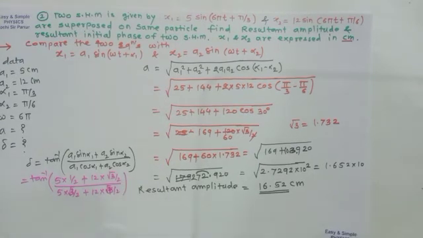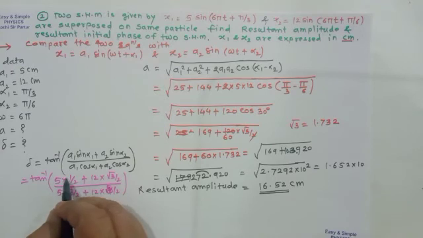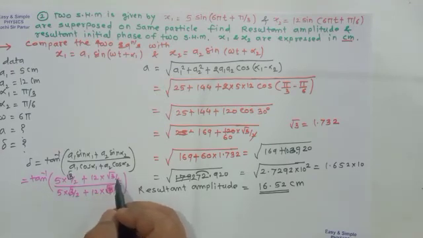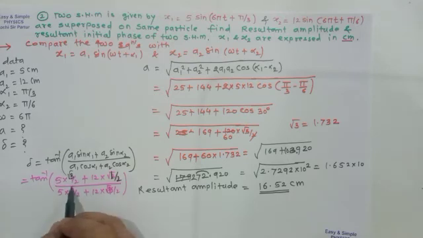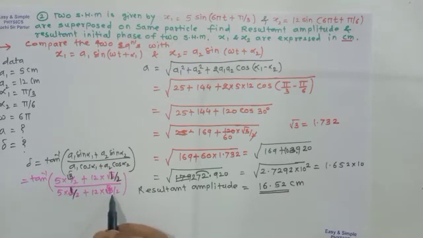So here we can use 1 by 2 and 5 into 1 upon 2 into 12 into square root of 3 upon 2.